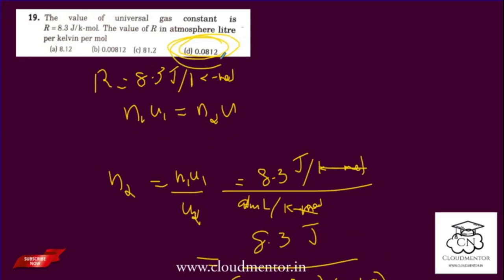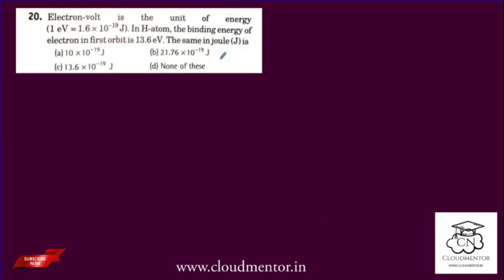Next question. Electron volt is the unit of energy. 1 electron volt is equal to 1.6 multiplied by 10 to minus 19 joules. In hydrogen atom, the binding energy of the electron in first orbit is 13.6 electron volt. The same in joule is which of the following?